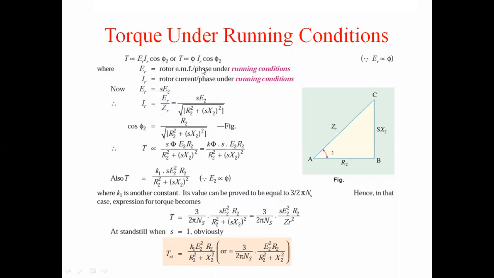That means torque is proportional to flux, current, as well as rotor power factor. Here ER is the rotor EMF per phase under running condition, IR is the rotor current per phase under running condition, and cos phi 2 is the rotor power factor.